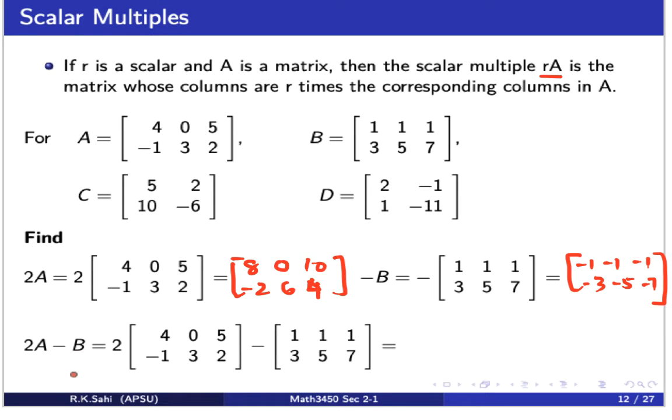Or 2A minus B can also be looked at as 2A plus minus B. It's basically adding two matrices where the scalar multiple to B is minus 1 and scalar multiple to A is 2. So when you do the math, what do we get? 8 minus 1, 7, minus 1, 9, minus 2 minus 3, minus 5, 6 minus 5, 1, 4 minus 7, minus 3.